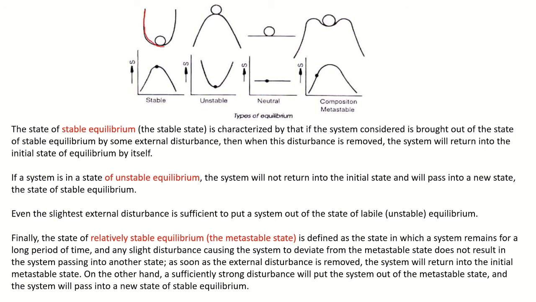Suppose I have some system here. If I disturb this system, it will come back to its original condition. This is what you call a stable system. Entropy is maximum, corresponding to this. In this other case, if I disturb this system, it will fall down this way or that way.